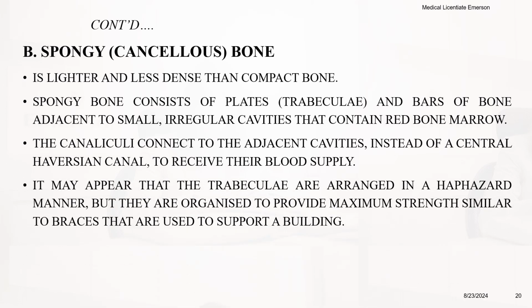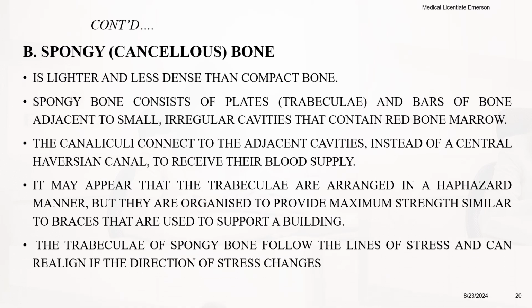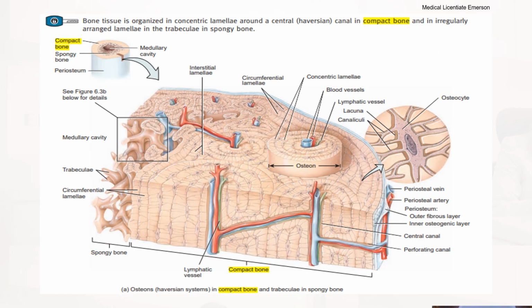It may appear that the trabeculae are arranged in a haphazard manner, but they are organized to provide maximum strength, similar to braces that are used to support a building. The trabeculae of a spongy bone follow the lines of stress and can realign if the direction of stress changes. That's about the spongy bones.